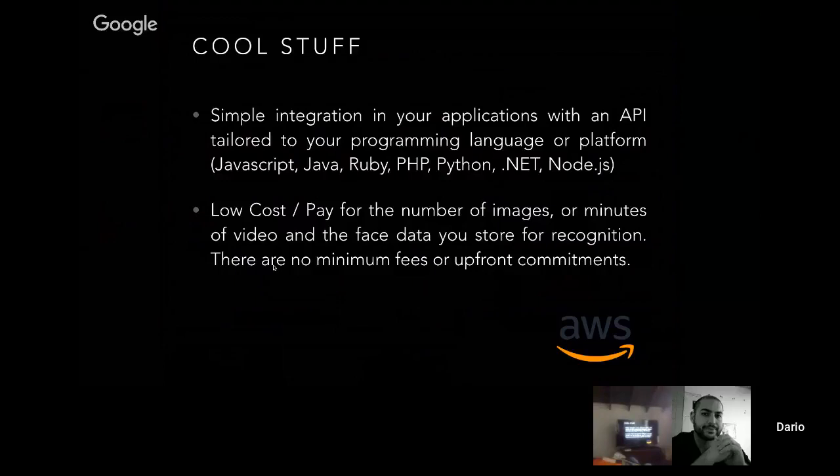There's a lot of documentation on the website, as well as some very nice examples that you can run using the SDK. It has a very low cost for a number of images or minutes of video, and the face data that you're storing, typically on the S3 buckets for Rekognition.